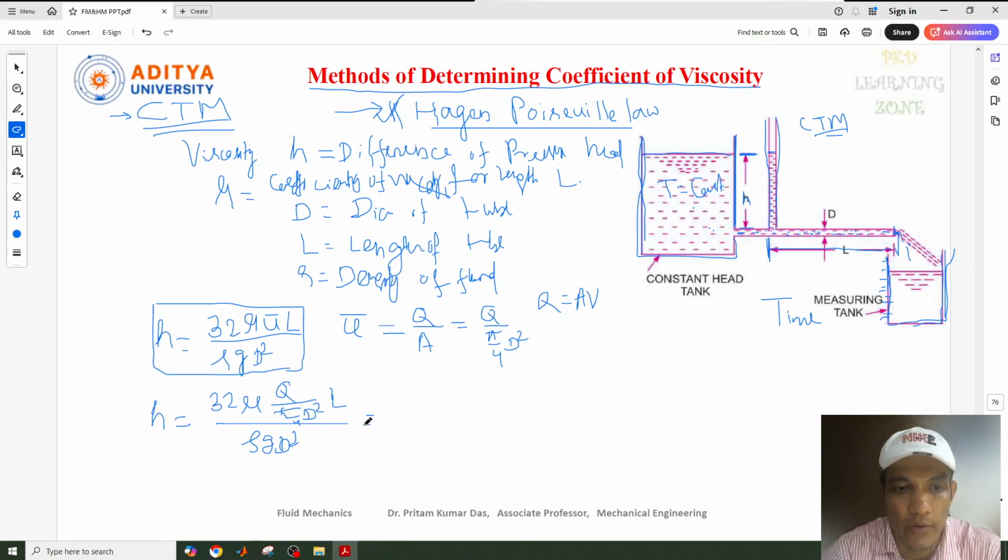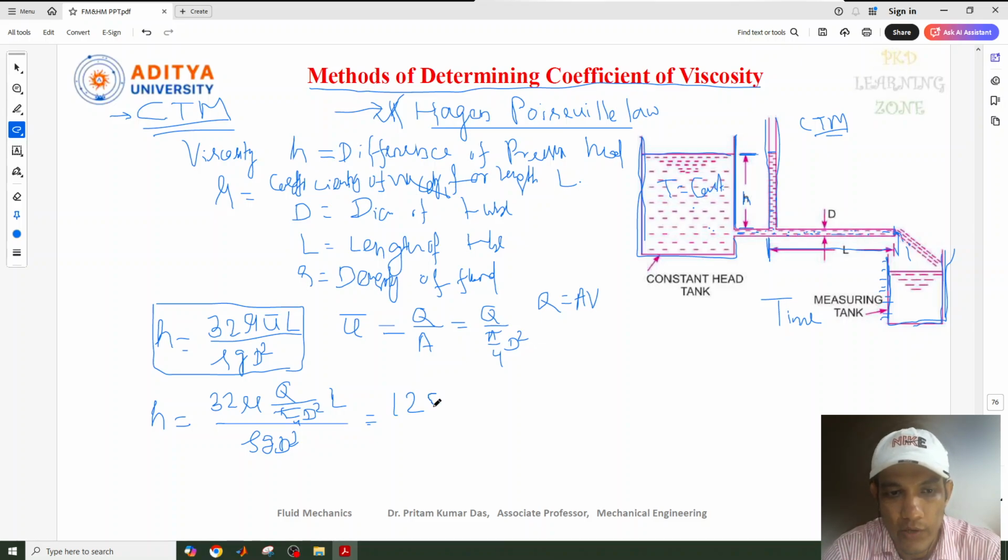Now we can take this pi by 4 term down. Pi by d square will become down, and 4 into 32 will be 128.